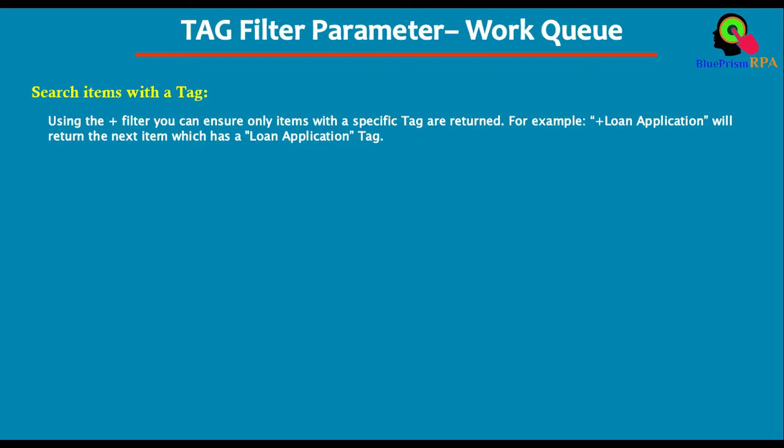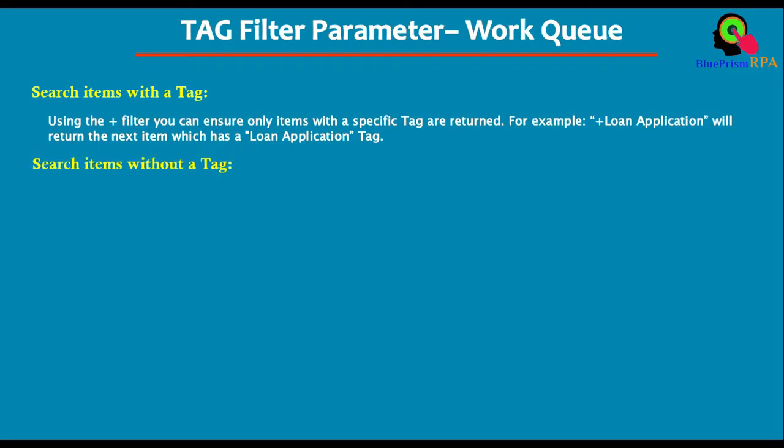So we are taking the same example. If you put plus loan application, it will return the next item from the queue which has the loan application tag. So if you have 10 items and all 10 have the loan application tag, it will return those.